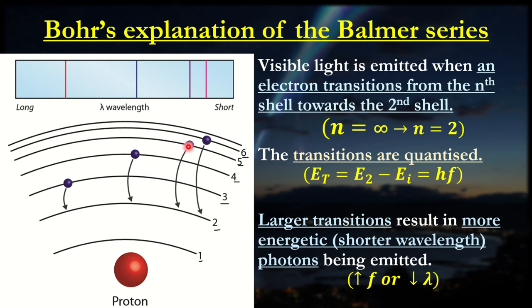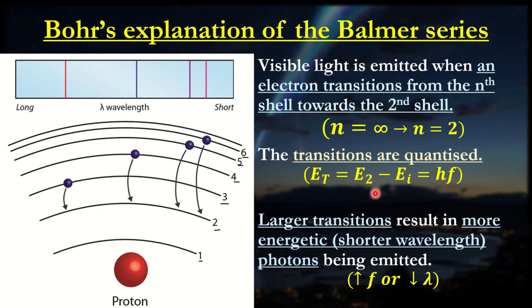So say we go from 5 to 2, we need to subtract the difference in the energy gaps of 5 to 2, and that will tell us the total energy of the electromagnetic wave that's emitted, and that also tells us the frequency and wavelength. Generally speaking, the larger the energy gap, the higher the frequency, as you can see here.